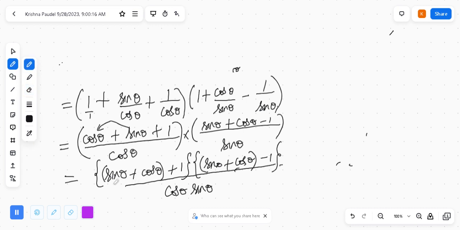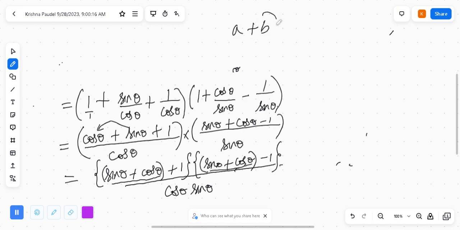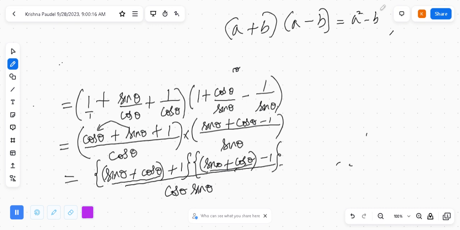If you see properly, this whole thing looks like a plus b, and this whole thing looks like a minus b, so it basically looks like (a plus b)(a minus b), and we are considering a to be sine theta plus cos theta, this whole thing as a, and b we are considering 1. Again, sine theta plus cos theta is a and b is 1. So the a plus b, a minus b formula is a square minus b square.